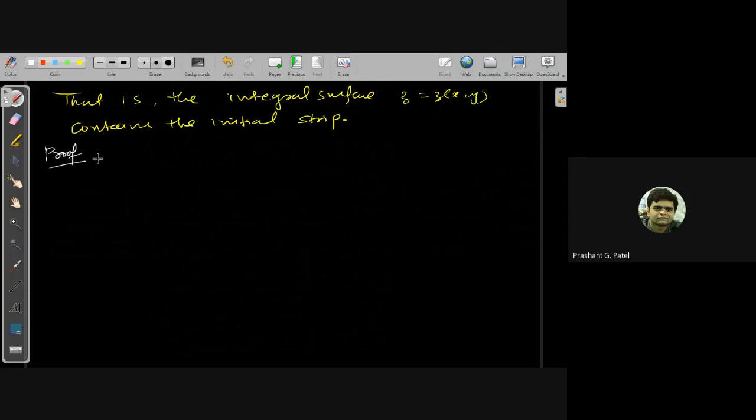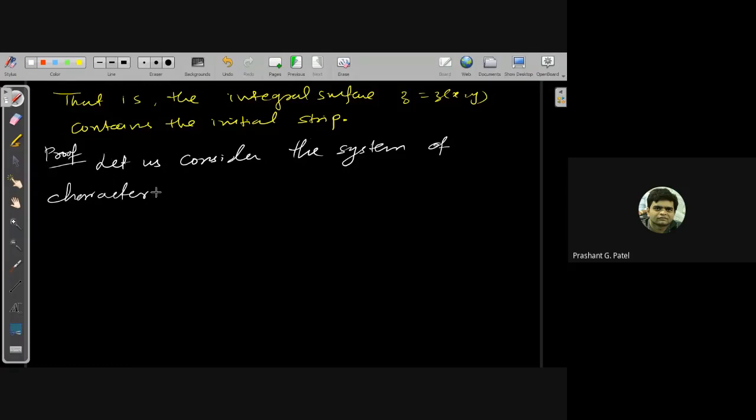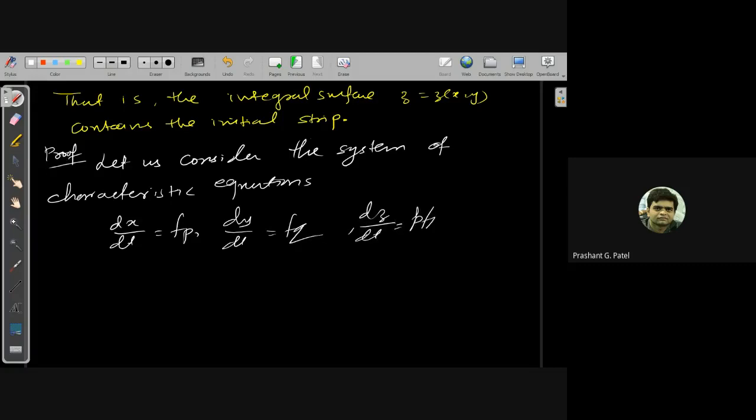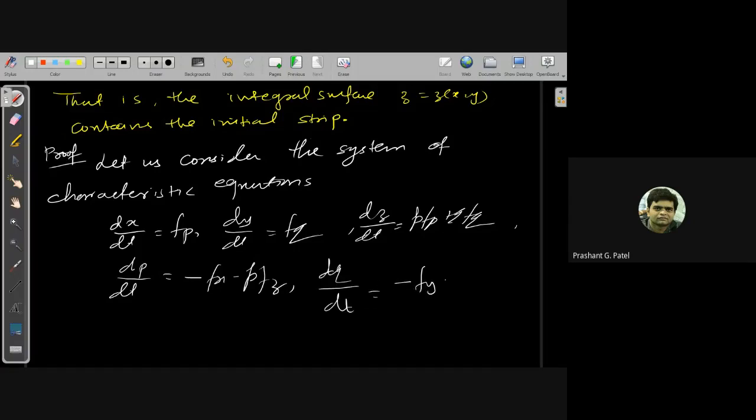So what we are doing is, let us consider the system of characteristic equations, and we know that the characteristic equations are dx/dt = f_p, dy/dt = f_q, dz/dt = p f_p + q f_q, dp/dt = -f_x - p f_z, dq/dt = -f_y - q f_z.